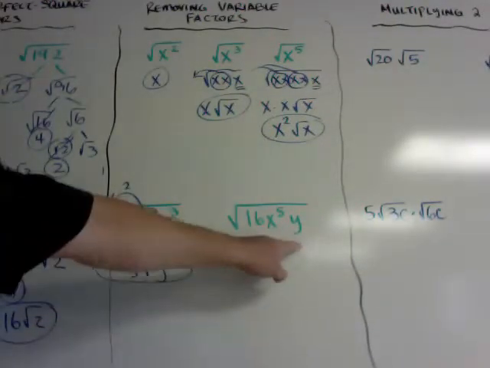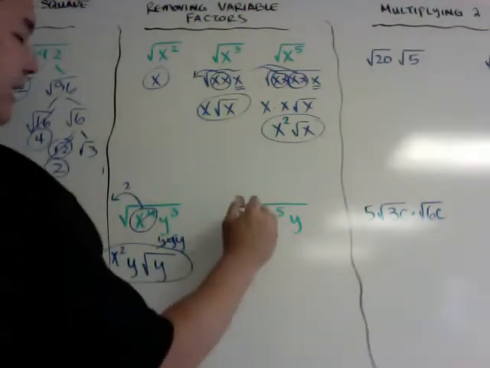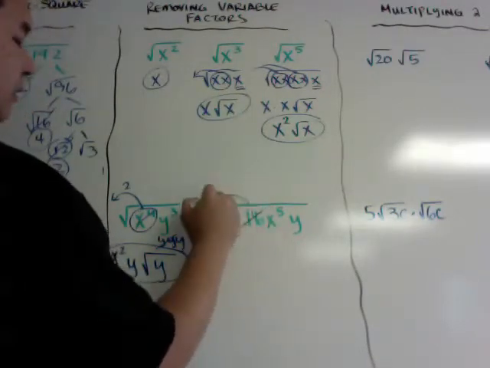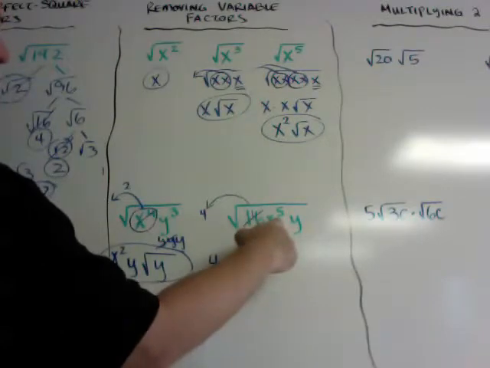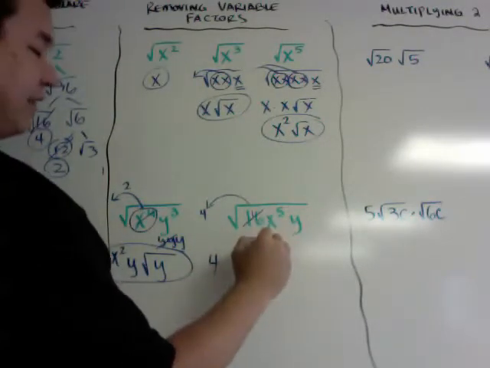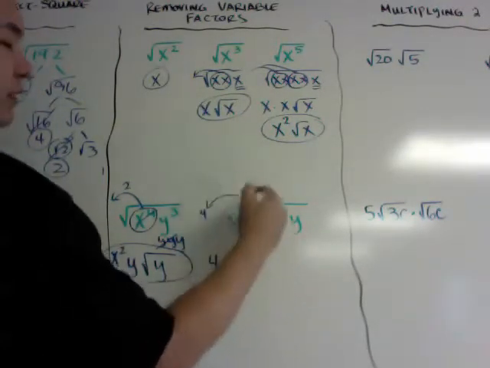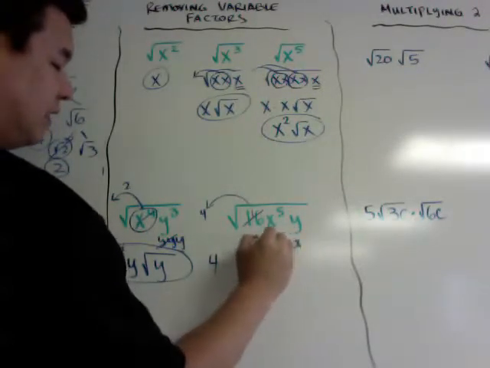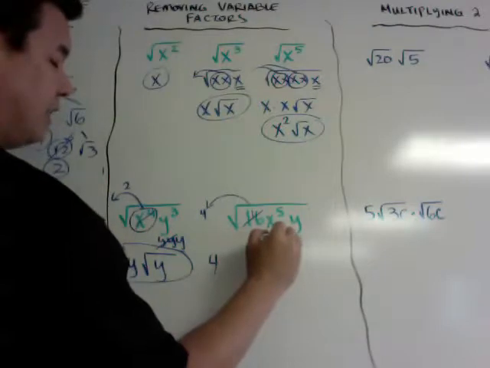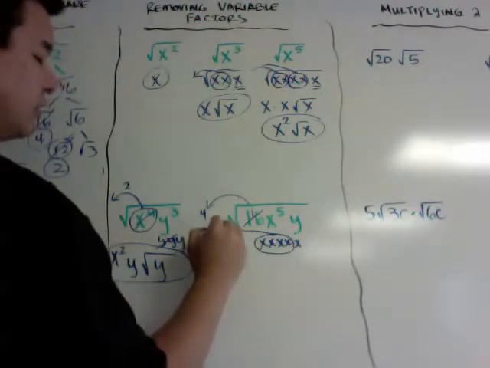Okay, if I have numbers like this, square root of 16, I know just becomes 4 on the outside. If I have 5, that means I can take 4 of them out to become 2. So these 4 can come on the outside, and now become x squared.